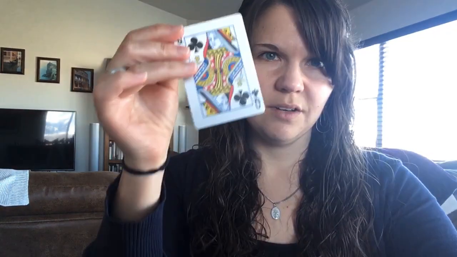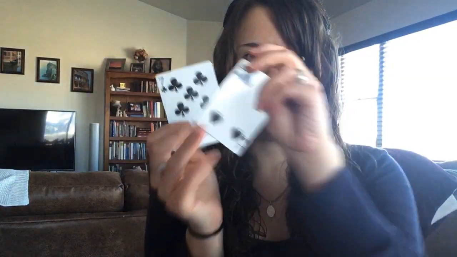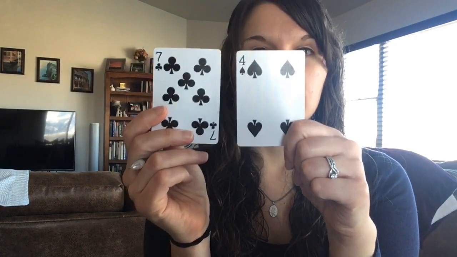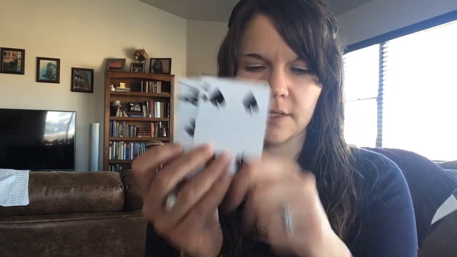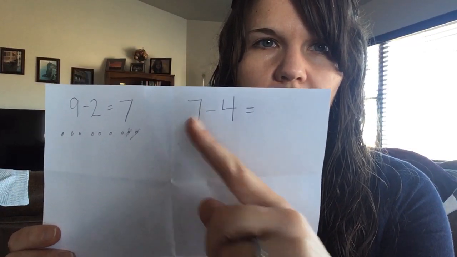Then I would grab 2 new cards. Remember, we don't want the queens or the jacks or those guys here. 7 and 4. So I need to put 7 first because 4 is smaller. So I'm going to write 7 minus 4. There it is. And then I need to draw 7 dots.